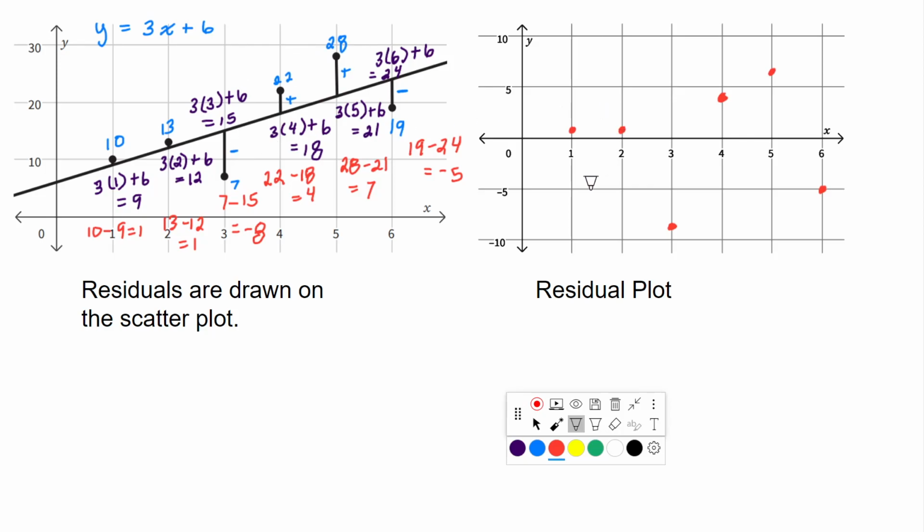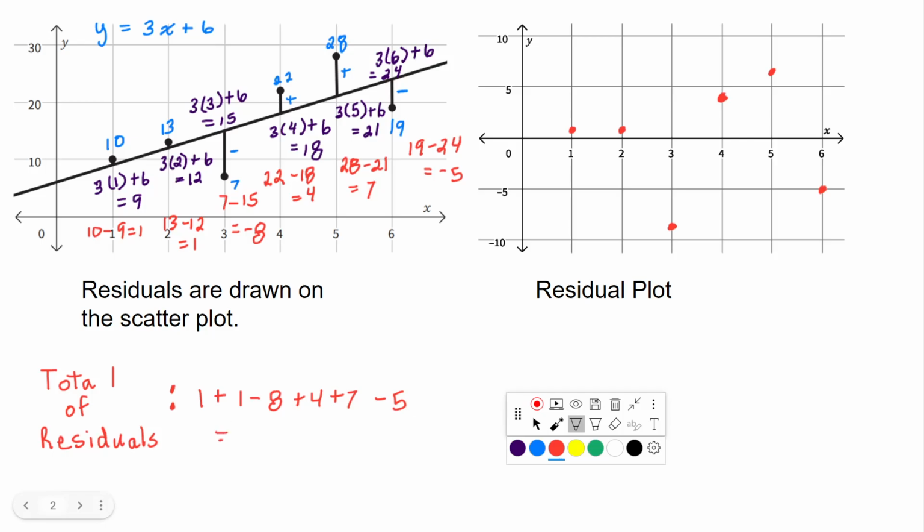If you've done it correctly, and I find the total of my residuals, this is what you're going to end up with. If I have the correct regression line, what I'm doing here is taking 1 and adding it to 1, subtracting the 8, adding the 4, adding the 7, subtracting the 5.